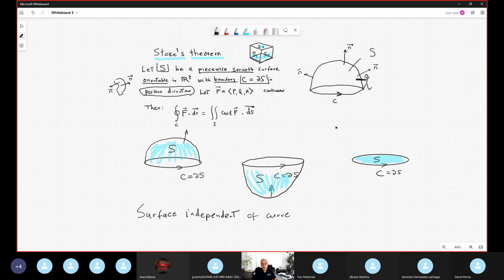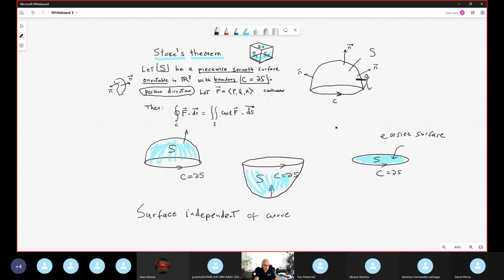So obviously, if the problem does not depend on the surface that you define, then I'm using the easy surface. What is the easy surface? This is the easy surface, super flat. It's a surface independent problem.